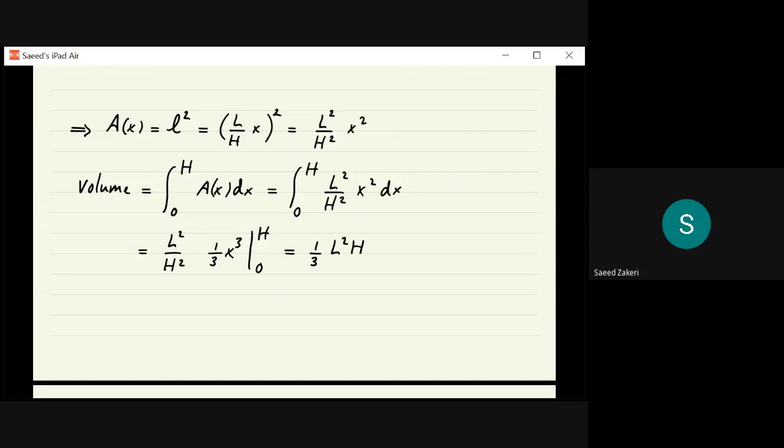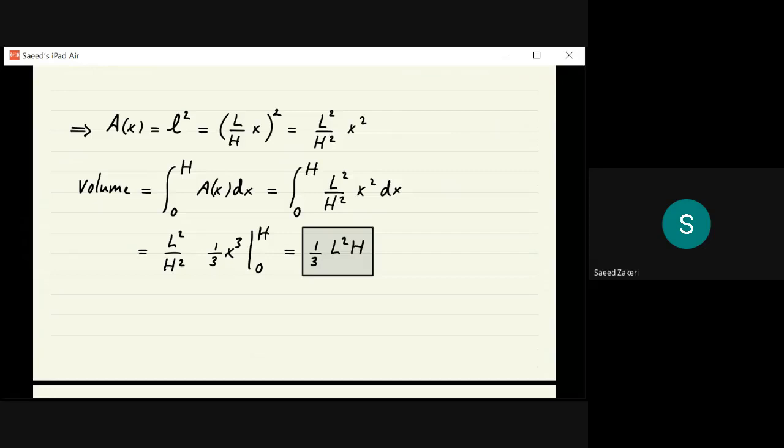That turns out to be the formula for the volume of this pyramid. How do you interpret this formula? It's very simple.